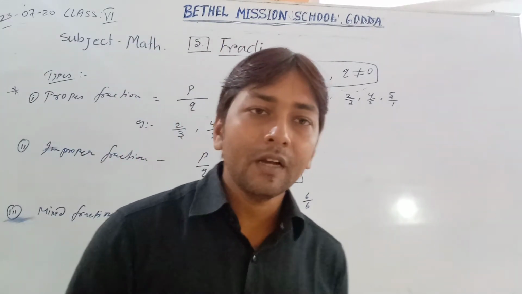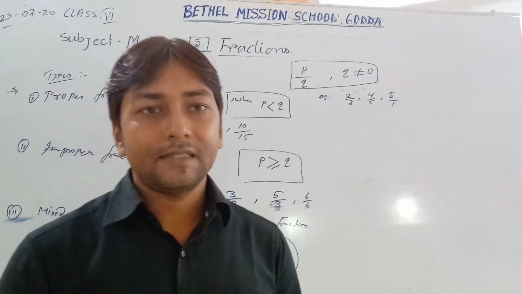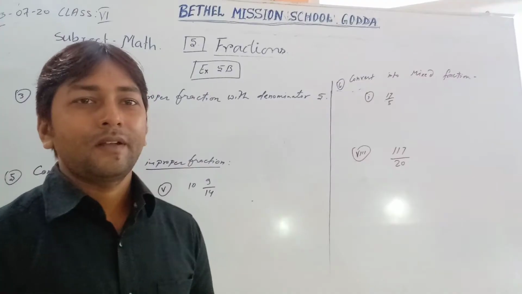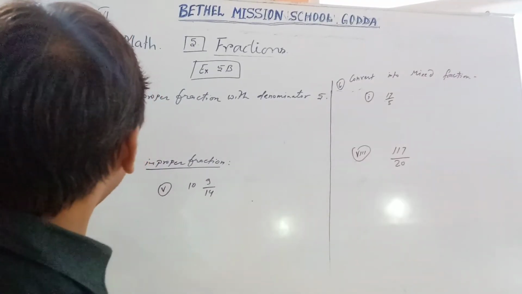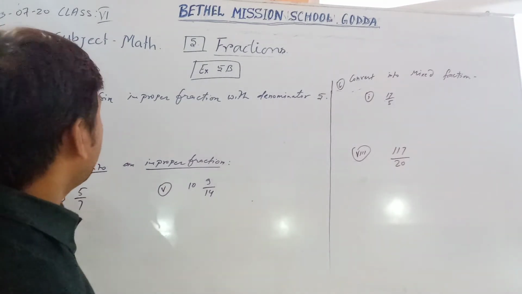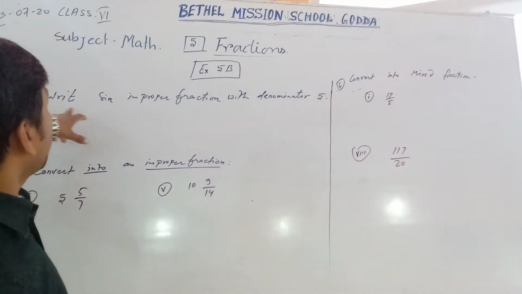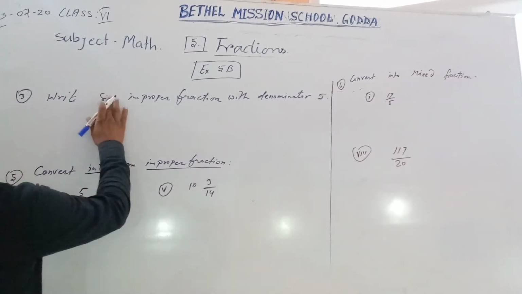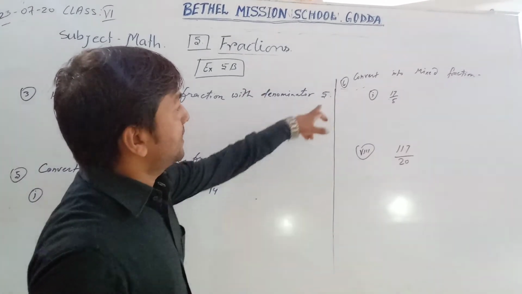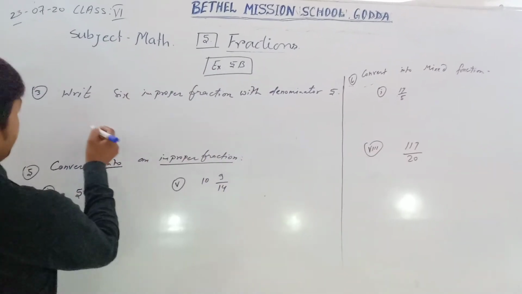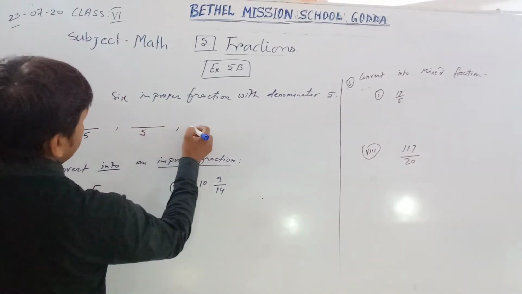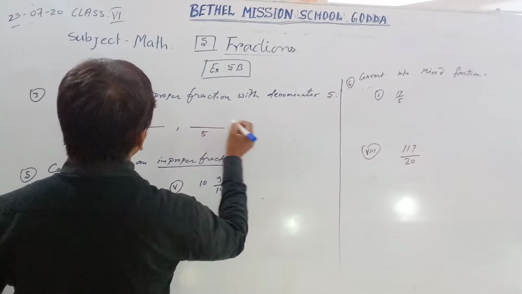Now I solve the exercise. I solve question number 3. The first and second are very easy, so I leave those. Here, write 6 improper fractions with denominator 5. The denominator should be 5.